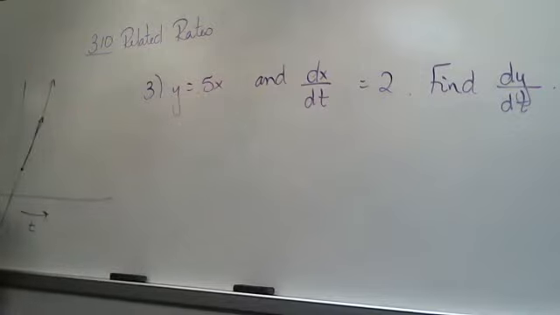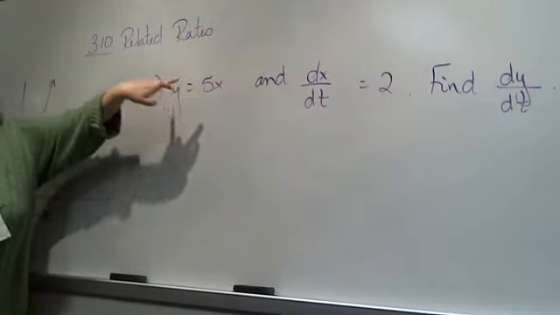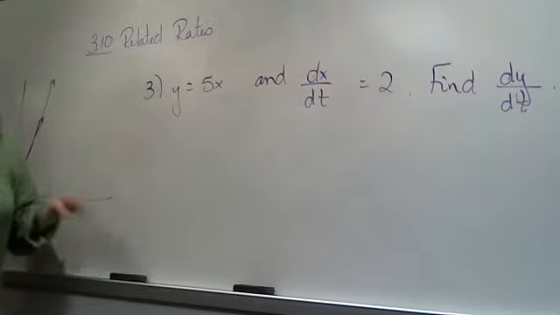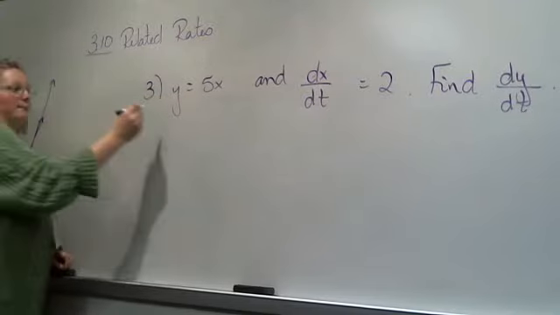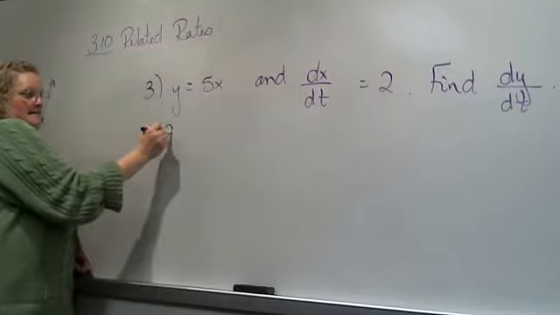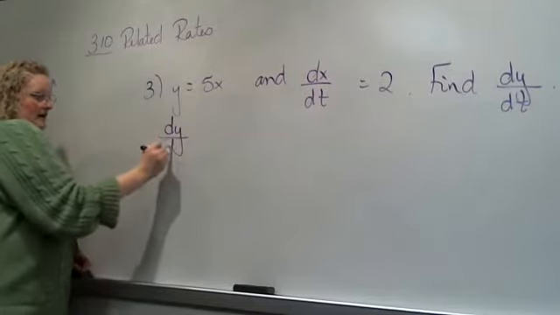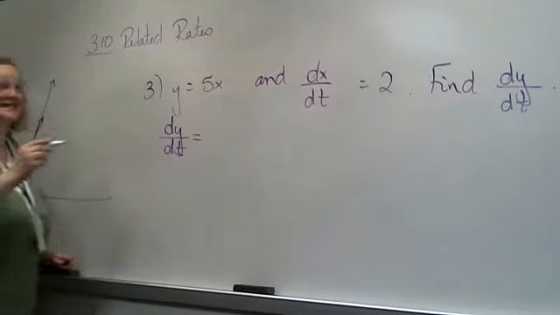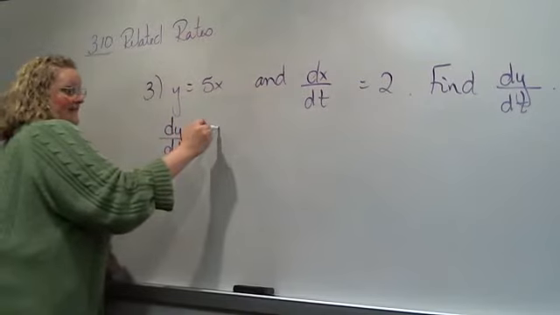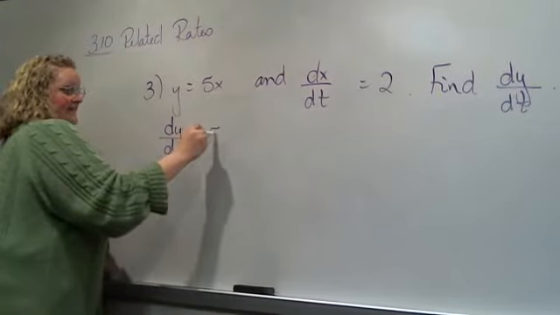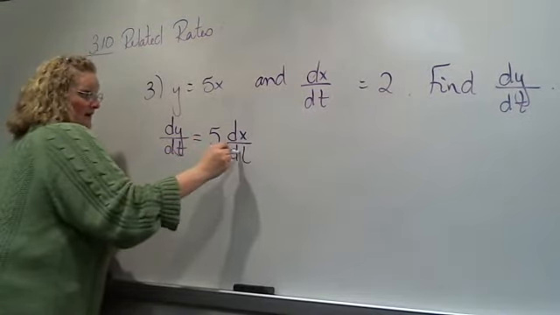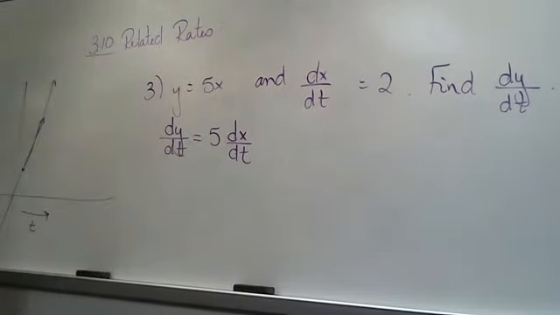So how do we do this? You have to differentiate this equation with respect to time. So what is the derivative of y with respect to time? dy/dt equals, now what's the derivative of 5x with respect to t? 5 times dx/dt.